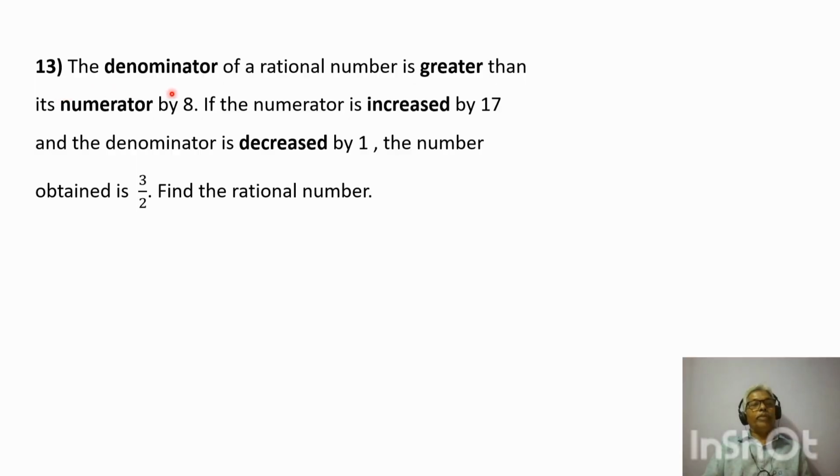The denominator of a rational number is greater than its numerator by 8. If the numerator is increased by 17 and the denominator is decreased by 1, the number obtained is 3 upon 2.